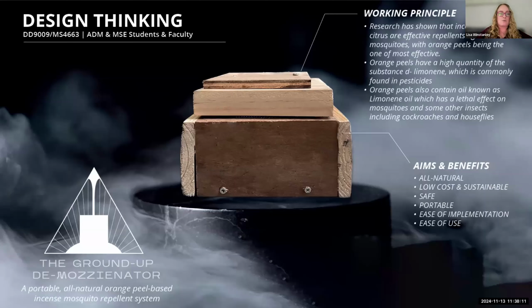So the object was not only a solution to a design thinking problem, it was also a catalyst for sustainable thinking and all of the underpinning research that was put into the notion that citrus peel would be a good mosquito repellent. And I've tried it, it does work.